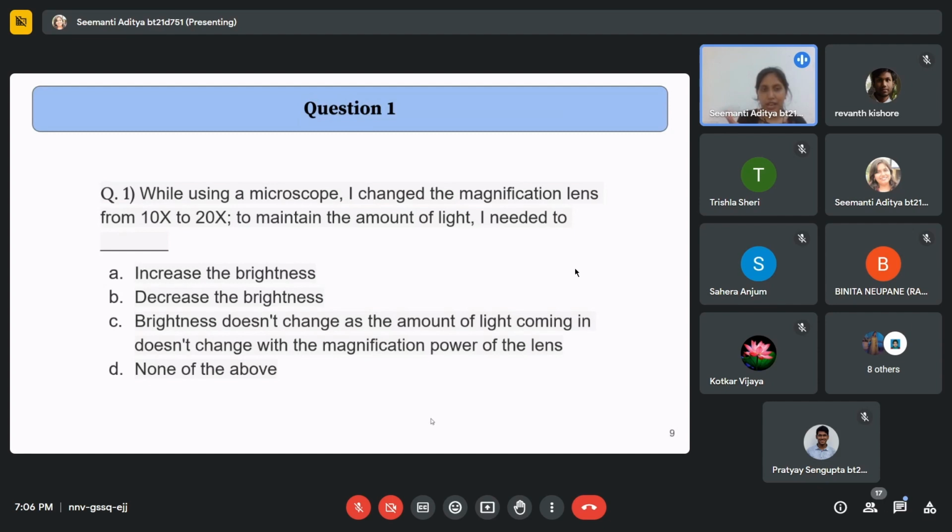If you are using magnification of 40x, 60x, this is for bright light actually, so it is not going to affect the brightness. So basically, to maintain the right amount of light, going from 10x to 20x, what happens is we are increasing the resolution.